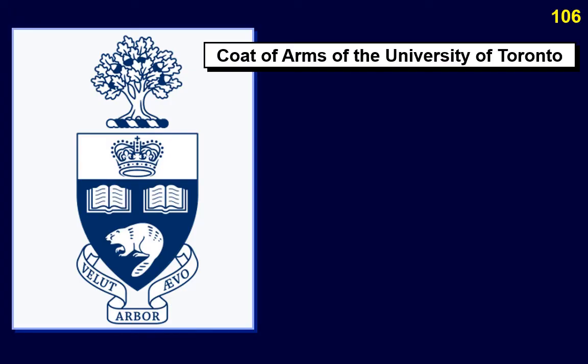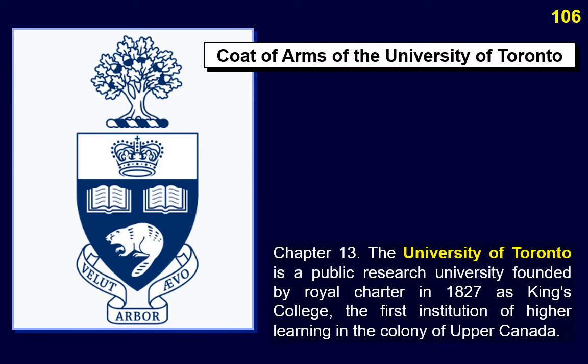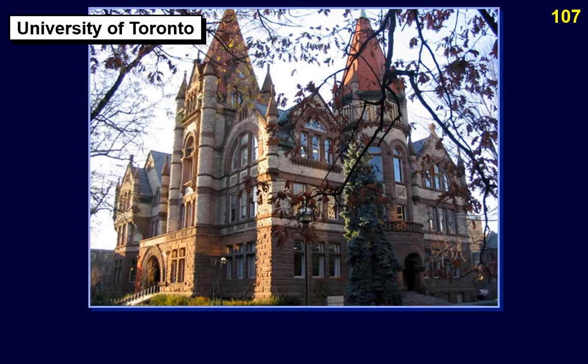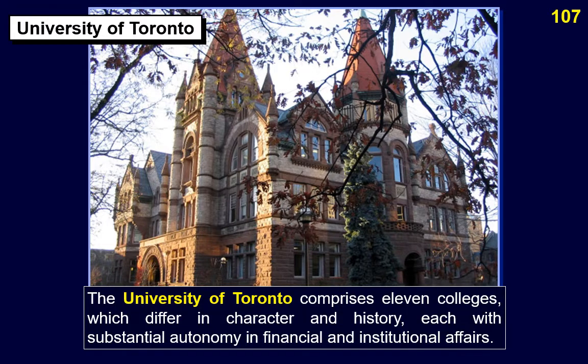Chapter 13. The University of Toronto is a public research university founded by Royal Charter in 1827 as King's College, the first institution of higher learning in the colony of Upper Canada. The University of Toronto comprises 11 colleges, which differ in character and history, each with substantial autonomy in financial and institutional affairs.